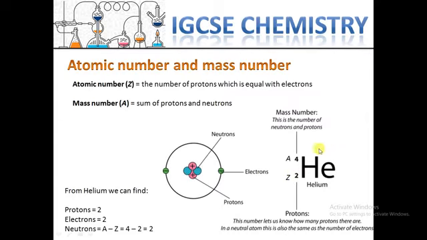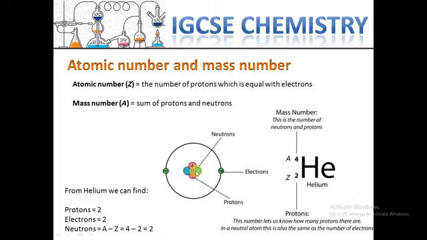As an example, helium: we have 2 protons because Z is 2. So likewise, electrons are 2. If we take the difference between A and Z, we can find the neutrons, because neutrons and protons together make A, our mass number.